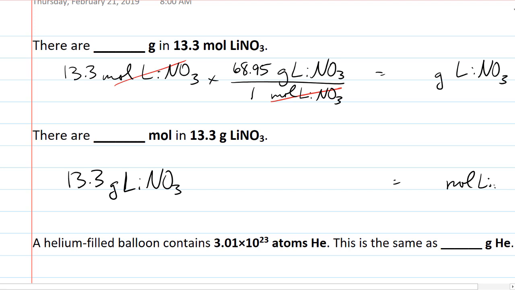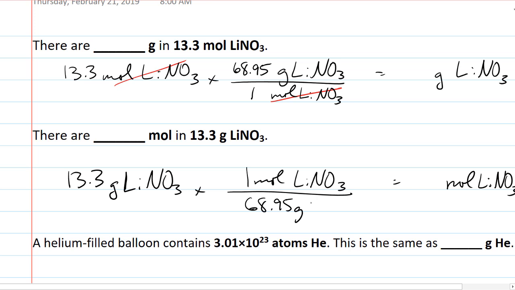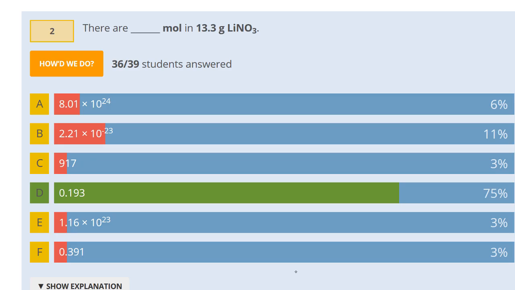Moles. And so we take the conversion from the first one, and what do we do with it? Flip it over. So we have 1 mole of lithium nitrate for every 68.95 grams of lithium nitrate. Of course, these cancel out, and then we get the answer of 0.193.